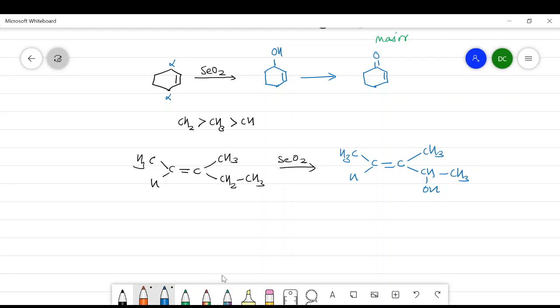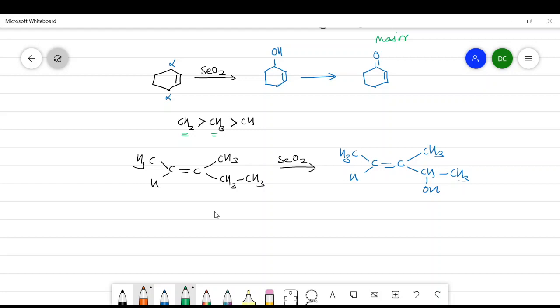It is an allylic hydroxylation which prefers a CH2 group rather than CH3. In this way, allylic and benzylic hydroxylation gives corresponding allyl alcohols or benzyl alcohols. Whatever the structure may be, we have to oxidize an allylic CH2 group or a CH3 group into the corresponding alcohols.